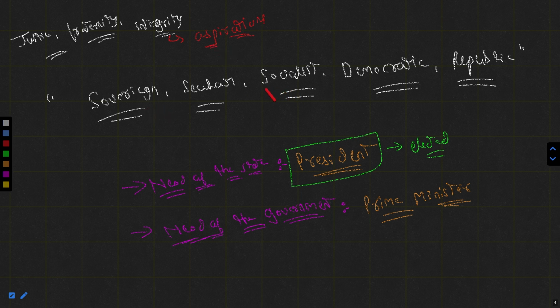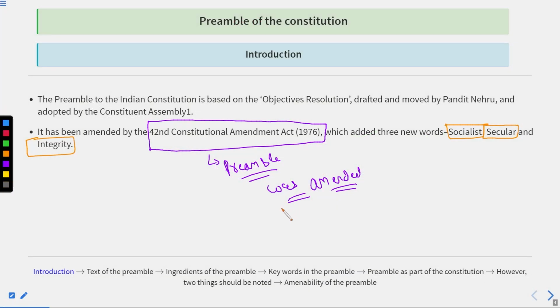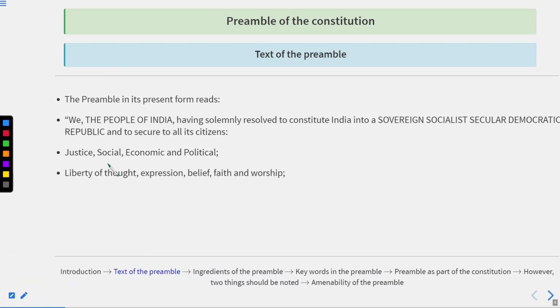So this word signifies that what we are, and these words signifies that what we want to be. All right. Aspiration. Got it? That is the main case. All right. So integrity is basically the aspiration. Got it? So remember, what were the three words who were added?